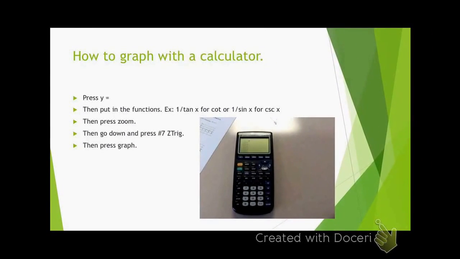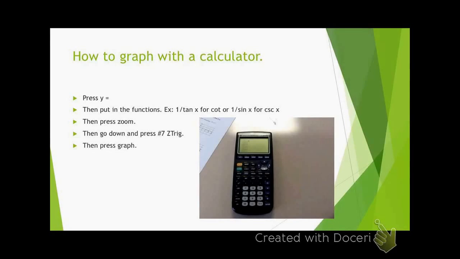Now, here is where I'll give you basic instructions of how to graph with a calculator. And this is usually pretty easy. First, you press Y equals on your calculator. And of course, when you get to the Y equals screen, you can put in numbers, or you can put in functions.